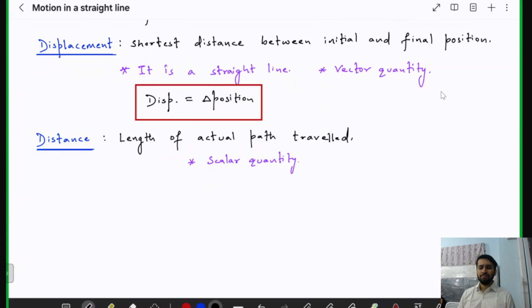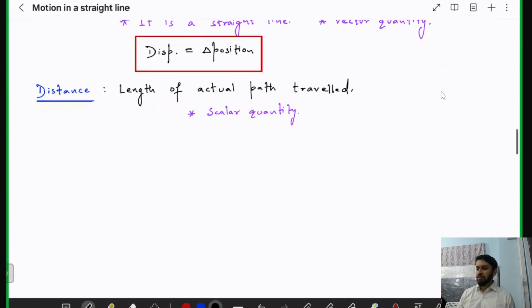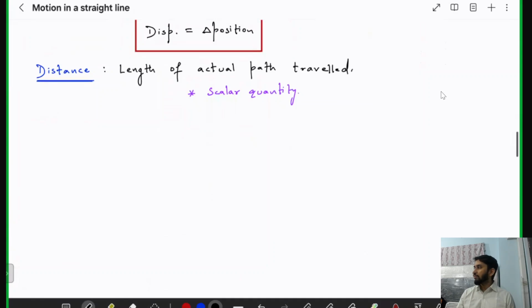Now let us see. Okay, right back on. We are there. First, what is distance? Distance is the length of the actual path traveled, and it is a scalar quantity.